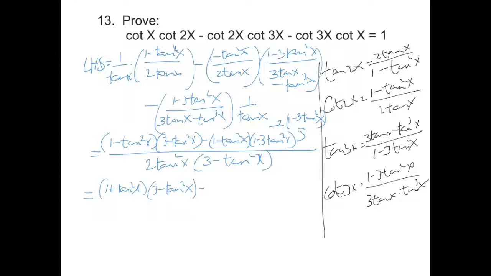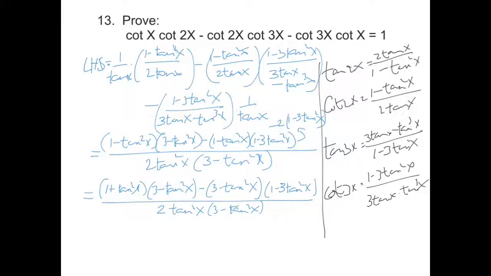We'll write that as minus of 1 minus tan squared x plus 2, which is 3 minus tan squared x, times 1 minus 3 tan squared x, and the whole thing is divided by 2 times tan squared x multiplied by 3 minus tan squared x.